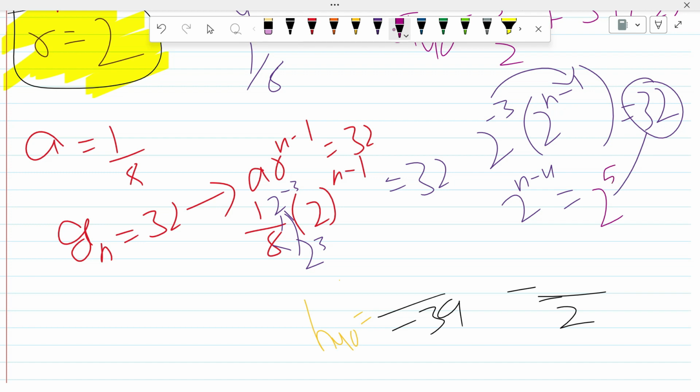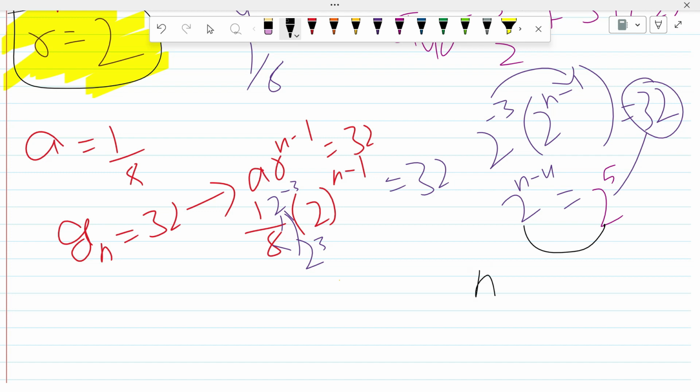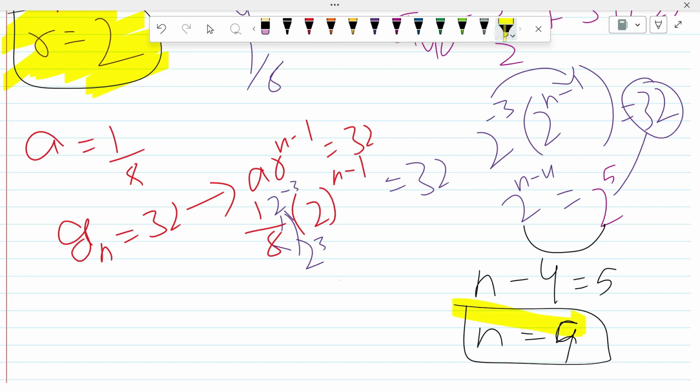Now we have equalized them, right? If the bases are the same, then we can equalize the powers. This is the rule of mathematics. N minus 4 is equal to 5. N is equal to 9. This would be our final answer.